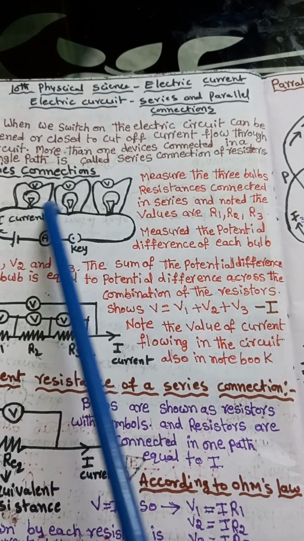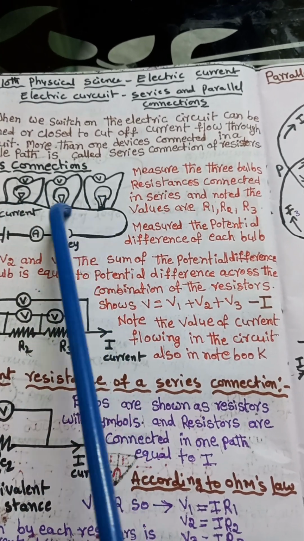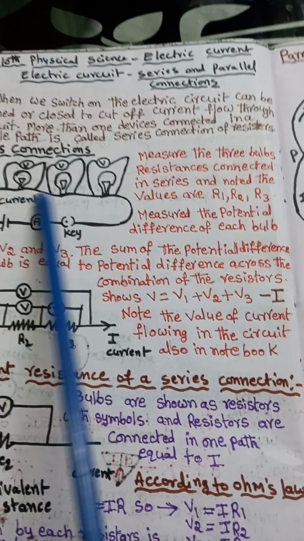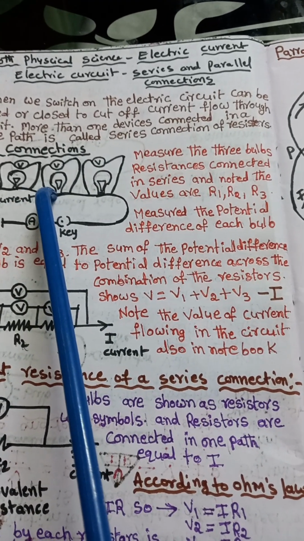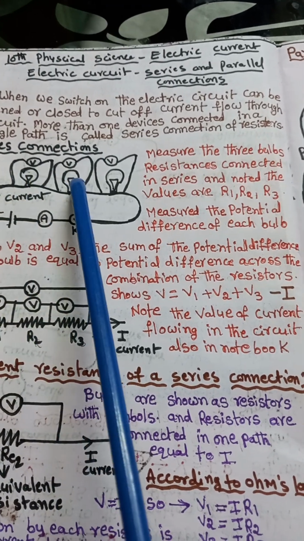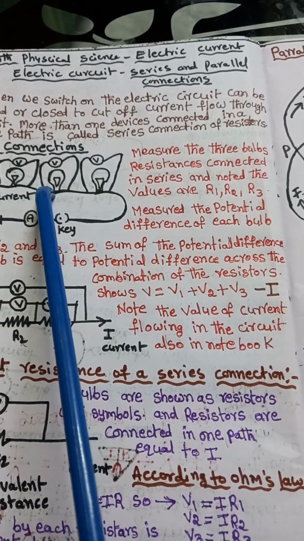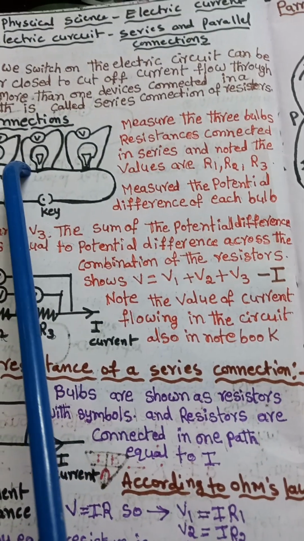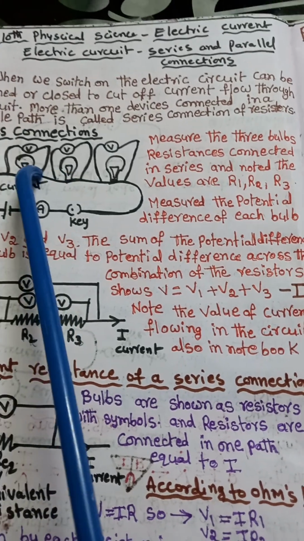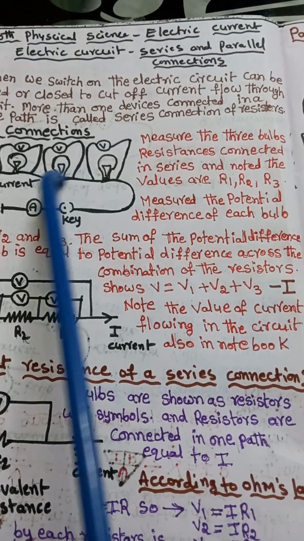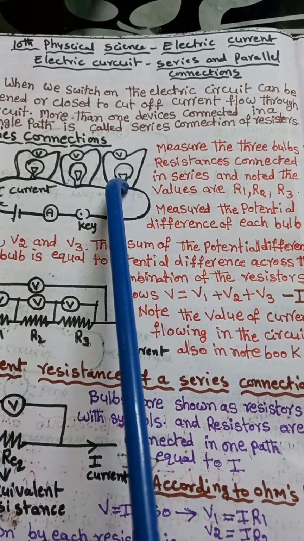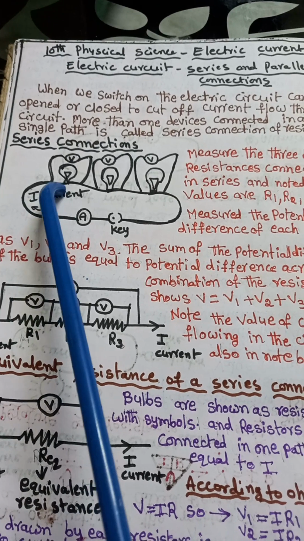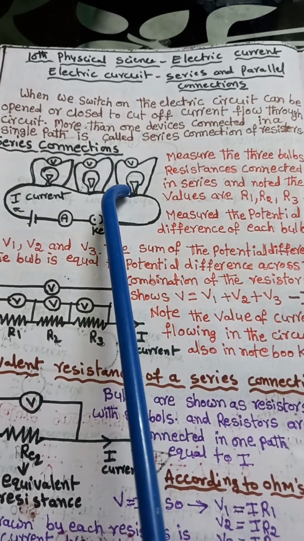Here we observe the three bulbs are glowing. Then we measure the potential difference of the three bulbs, and the resistance is also measured as R1, R2, R3 and potential differences V1, V2, V3.